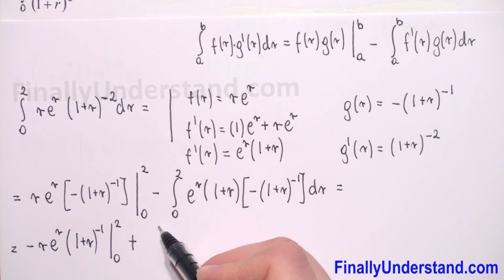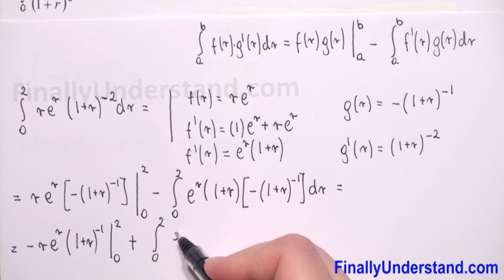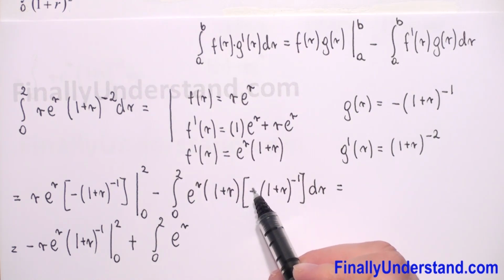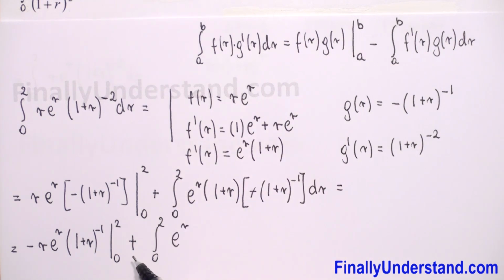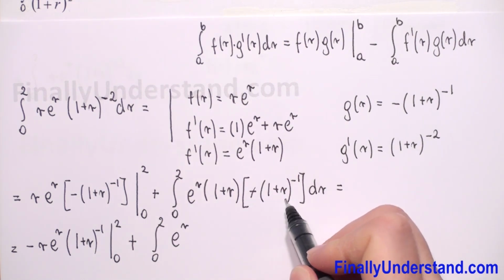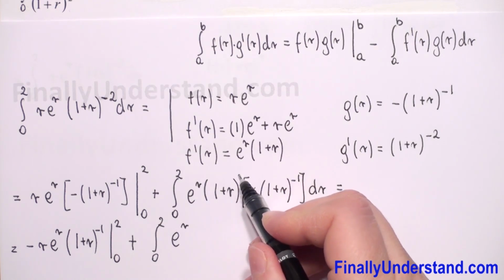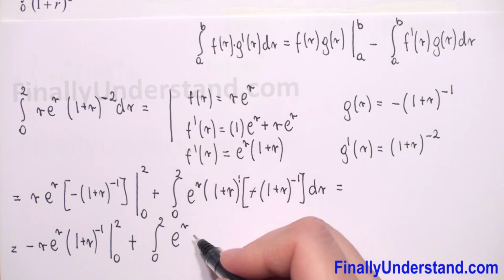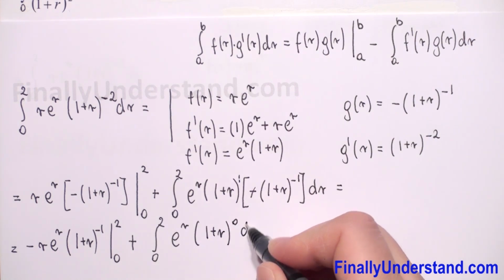We have the integral from 0 to 2 of e to power r times, and the minus we don't have now. We change this to plus. So now we have the same base. When we have the same base, we have to add exponents. Here we have an invisible 1. So 1 plus negative 1 is 0. So we have 1 plus r to power 0 with respect to r.